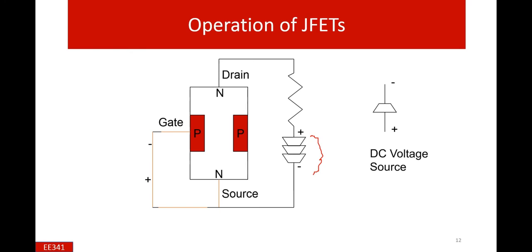If we change the potential across the gate side with some negative value, for example, if we apply -3, the depletion region will definitely increase, and the channel will be reducing.